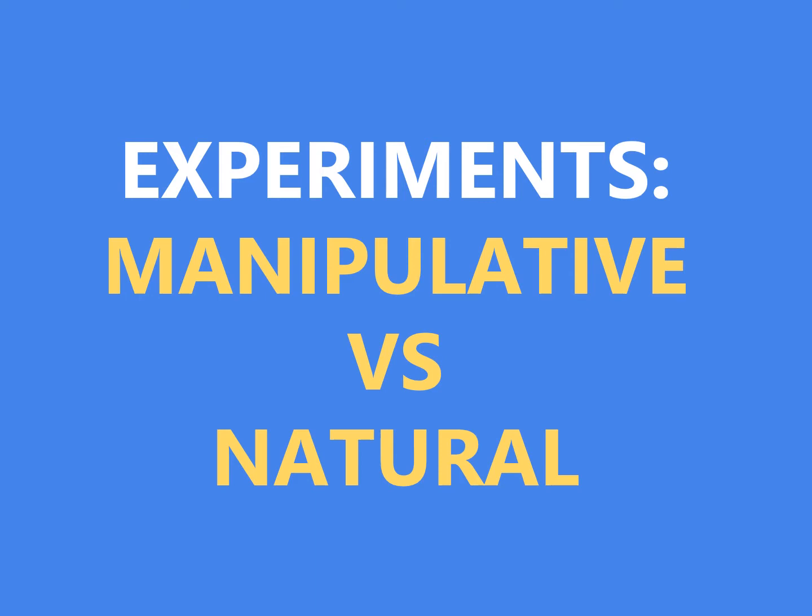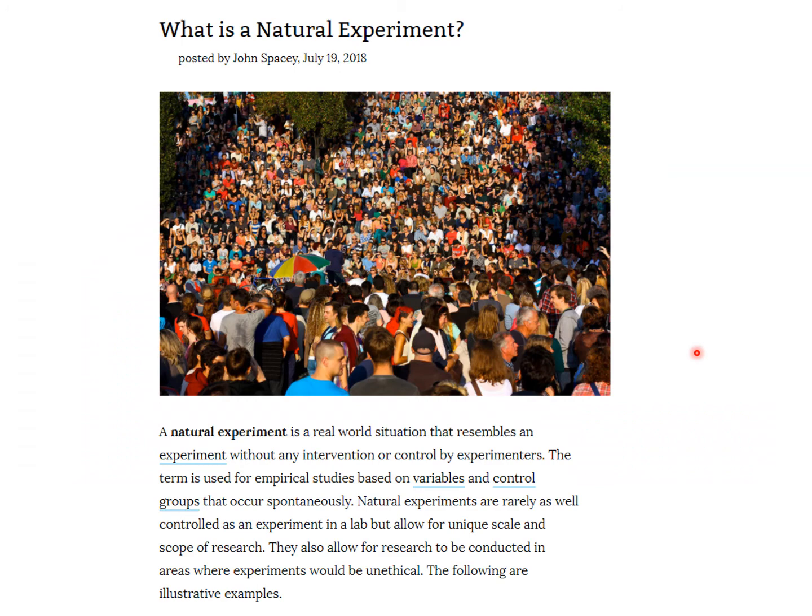And what I mean here is, a manipulative experiment is what you would have in a lab setting where you can really control almost every variable or many variables in a really controlled setting in a really specific way. Whereas if you're in the natural environment, if you're out doing field work, we can't manipulate the real world in that way. And so the way that we come to our conclusions is a little bit different, and the way that we conduct our scientific studies is a little bit different.